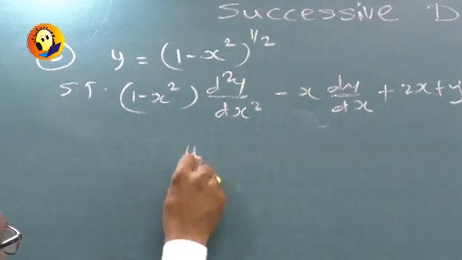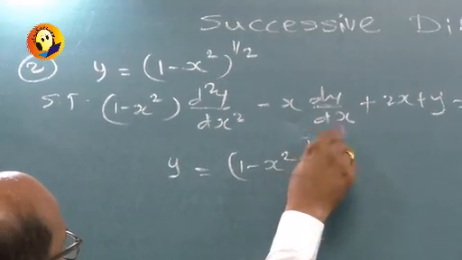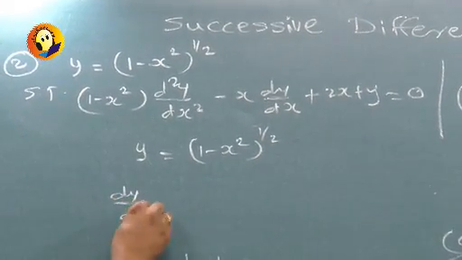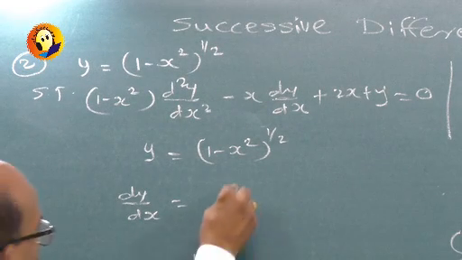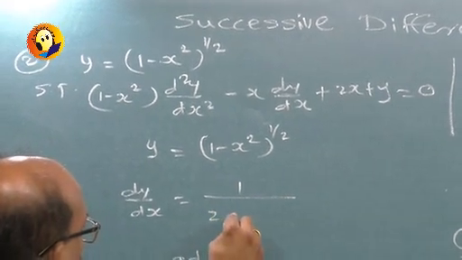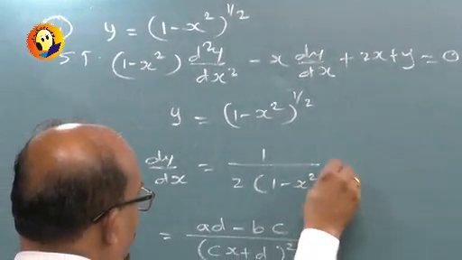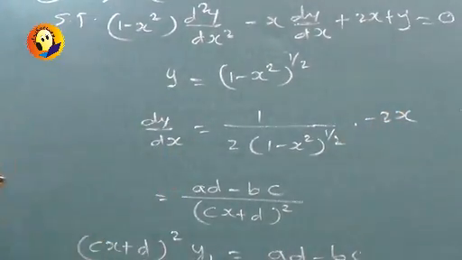So we start with y equal to (1 minus x square) raised to half, and so dy by dx will be 1 upon 2 into (1 minus x square) raised to half into derivative of 1 minus x square, which is minus 2x.